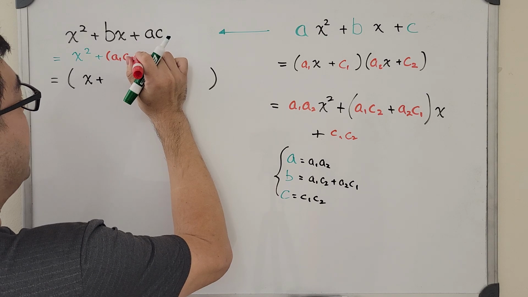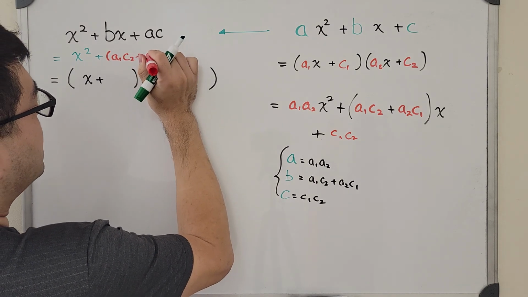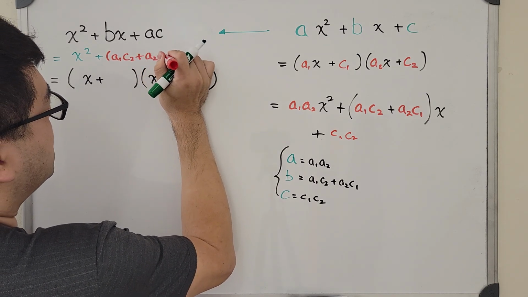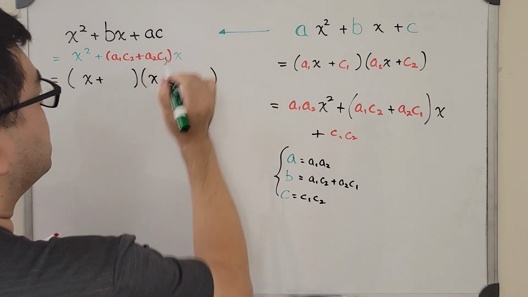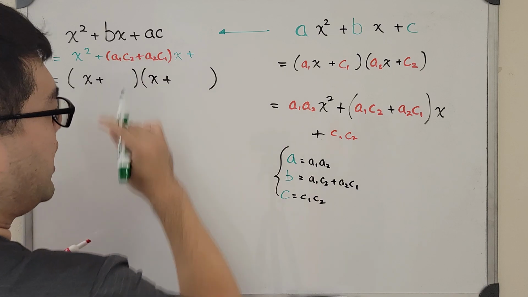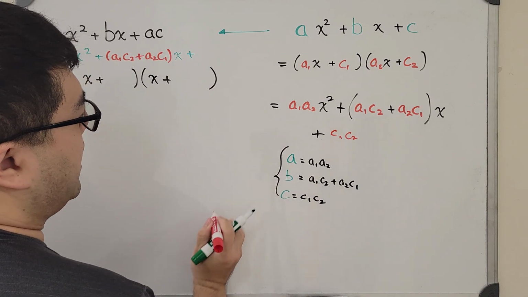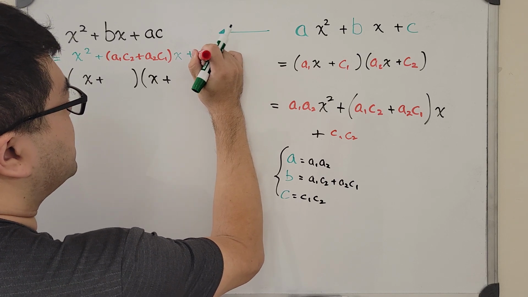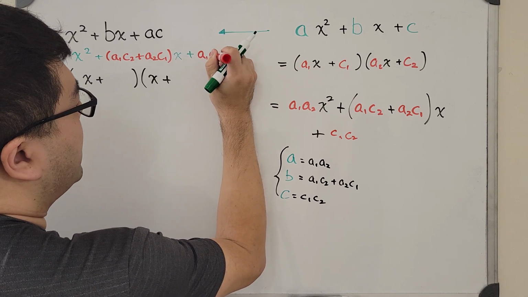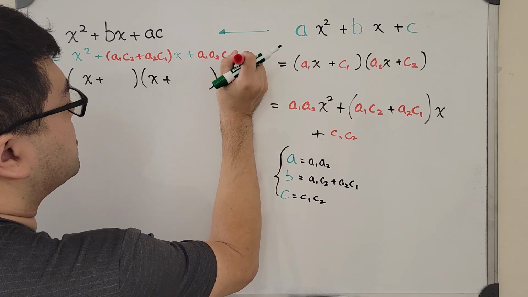So we get a1 c2 plus a2 c1, of course, times x plus the ac term. And again, a is just a1 times a2, and c is just c1 times c2. So we end up with a1 a2 c1 c2.